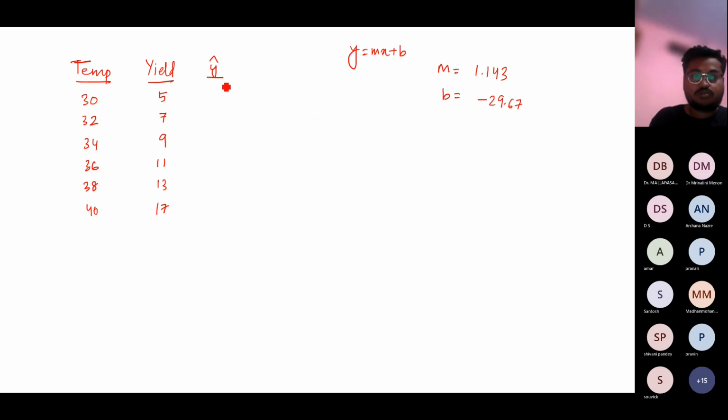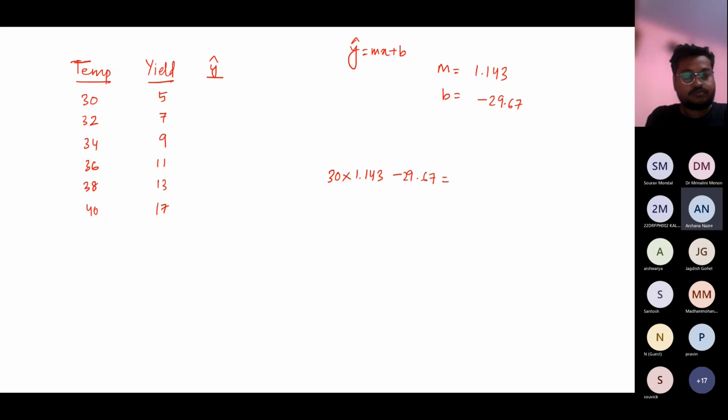So for the first column, in place of m you put this, in place of b you put this, and in x you put this. So it will be 30 into 1.143 minus 29.67, which is equal to 4.62. Like that, you calculate for the others.